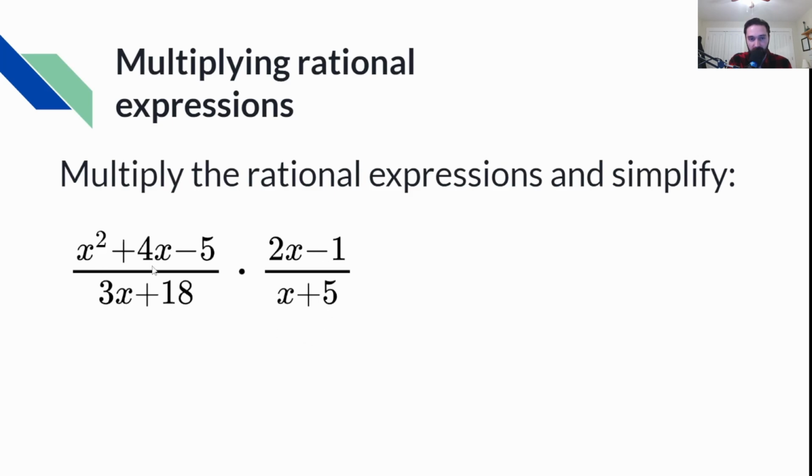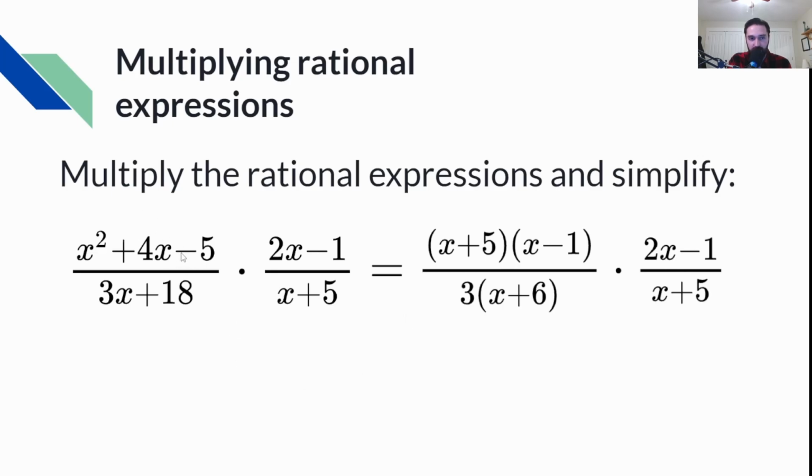So we want to factor each of these 4 pieces and see if anything cancels. This trinomial up top can be factored like this. And down here we can pull out the GCF of 3 to factor it like this.